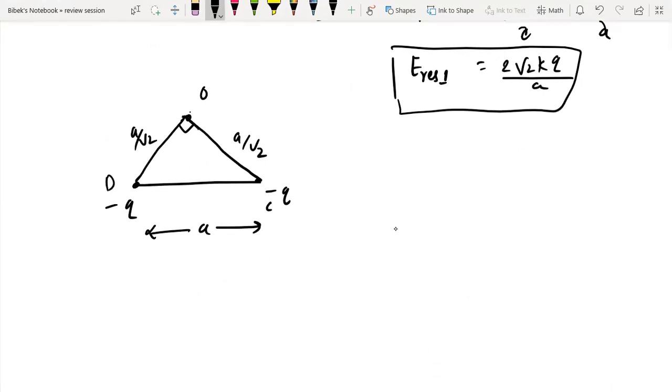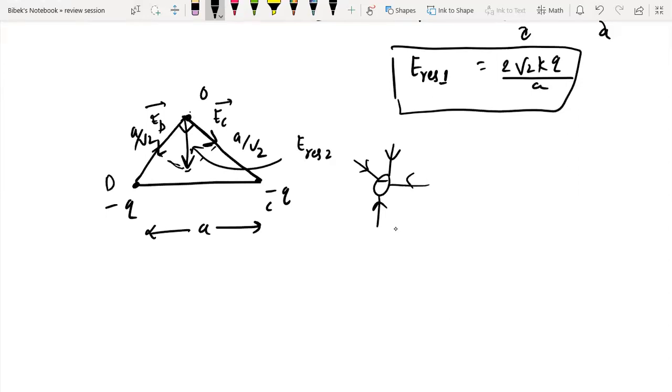It will be coming to this side. Remember, for a negative charge, the field enters the negative charge. And for this one, it will be towards this side. So this is the EC vector, and this is the ED vector. The resultant of these two vectors is going to be the E resultant 2 due to EC and ED.